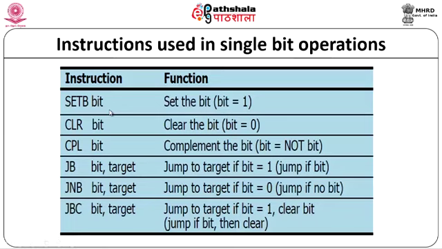That means I am setting a bit: the B tells you it is a bit, SET tells you it is equal to 1, and whatever address I give, there it will be assigned. Clear a bit: if I give CLR P1.0, then the P1.0 pin is equal to 0.